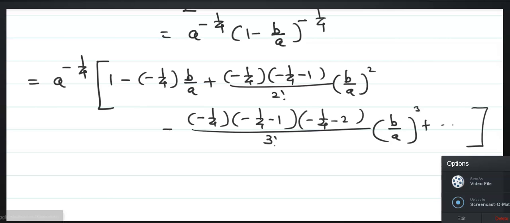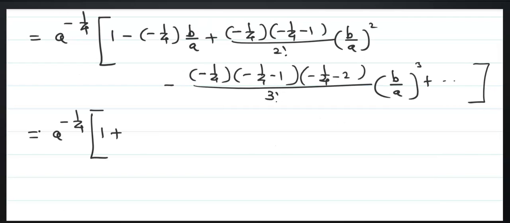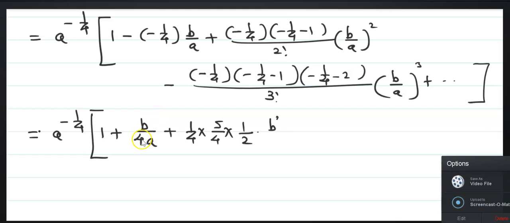Next is A raised to minus 1 by 4 in bracket 1 plus 1 by 4 upon A plus 1 by 4 into 5 by 4 into 1 upon 2 B square upon A square.